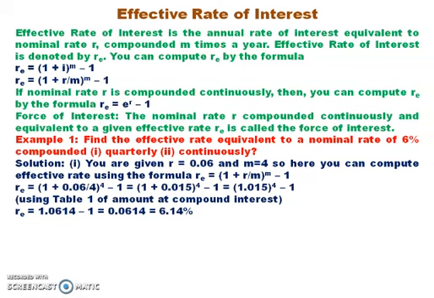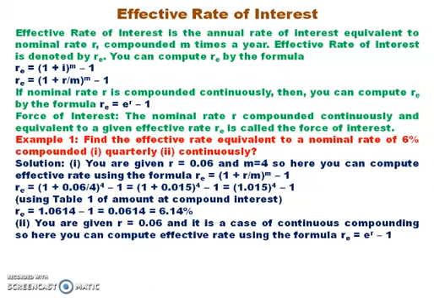When you put values here, you get RE is equal to (1 plus 0.06 upon 4) raised to power 4 minus 1, which further comes to 1.015 raised to power 4 minus 1. The value of 1.015 raised to power 4 you can compute from compound interest table or from calculator, and when you use its value of 1.0614, you get RE is equal to 6.14%.